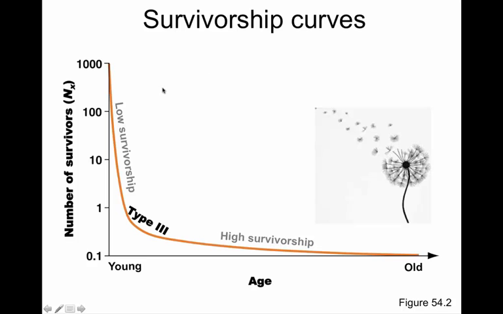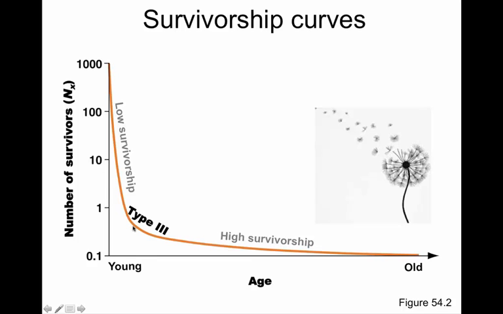Those organisms then have a curve that looks like this, with, if one starts with 1,000 seeds being produced, for example, hardly any of them make it in the first year or so, or the first fraction of the overall total lifespan.